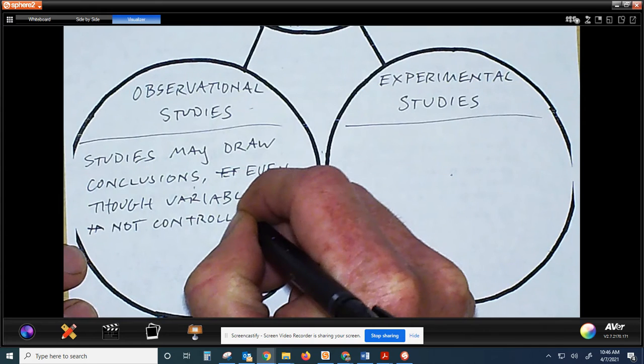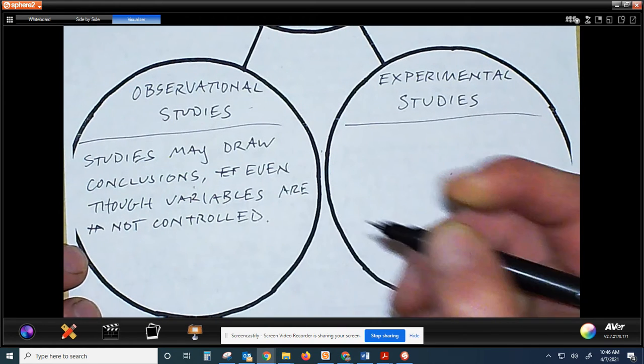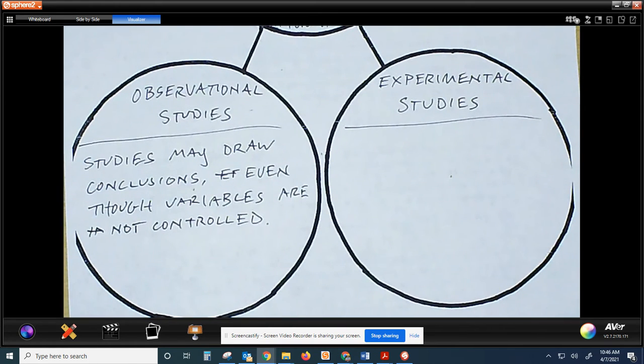And I'll tell you more about controlling variables here in a second. But in an observational study, you can draw statistical conclusions even though your variables are not controlled.